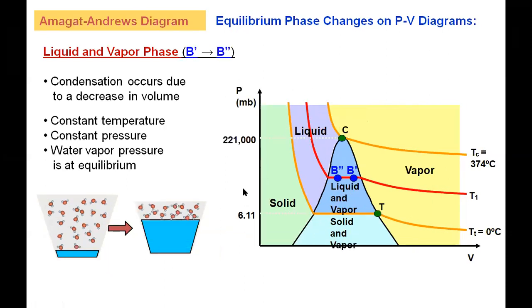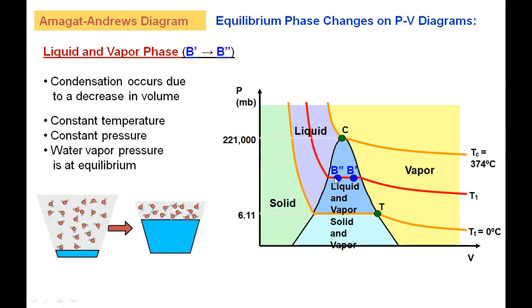Okay, another case. What happens if we go from B prime at this point B'? Now the condensation occurs due to the decrease in volume. You can see we have a decrease in the volume. Here on the x-axis there is the volume. And now look at T1 here from vapor to T1.